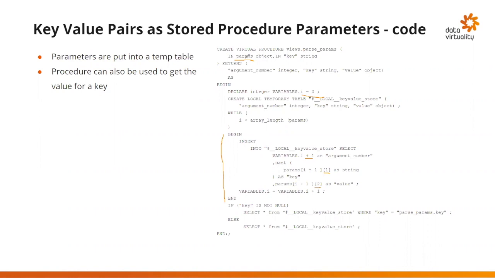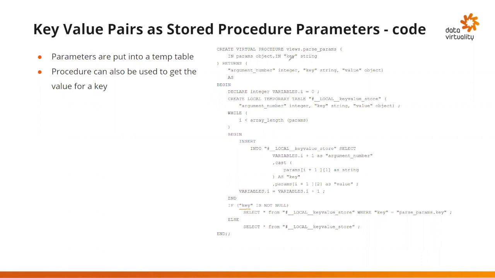So we're actually looping through all the objects in this nested array, and it will be much clearer if we take a look at how we call this. But I just wanted to explain how we're working with these key value pairs internally. We're working with this local temporary table, inserting them, and based on the parameter, we're changing our output.